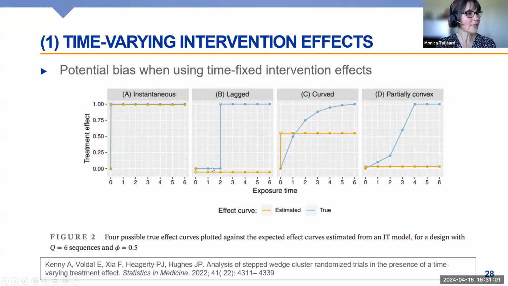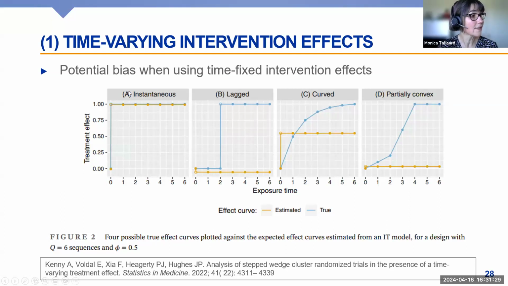In the second one, it takes 2 periods before the intervention starts working, but then it keeps working. So there's a bit of a lagged effect. In the third, it has an effect immediately, but then it levels off. So there's a curved effect. And then in the final scenario that they examined, there's a slow effect, then it picks up and then it levels off. So these are the scenarios that they investigated.